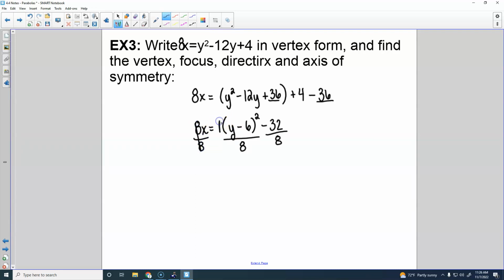But there is a 1 right here, so I can write it this way: 1/8 times y minus 6 squared minus 4, which is going to make my a value 1/8 here. If I have everything over 8, it makes it difficult to find that a value.